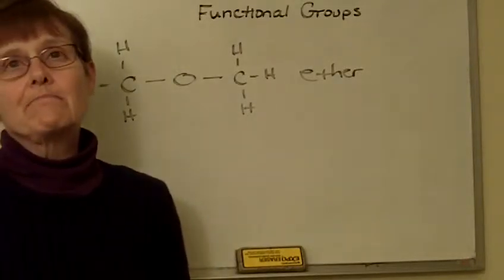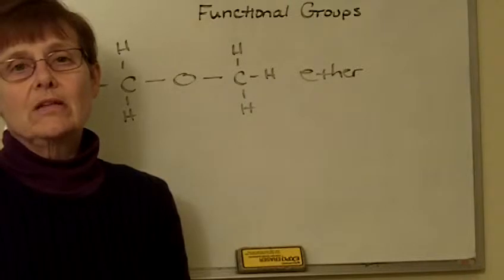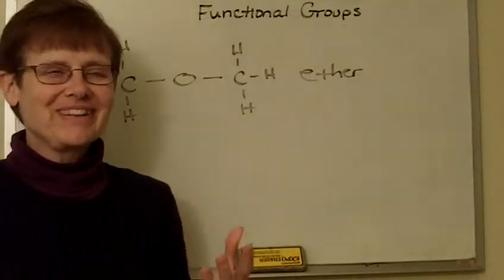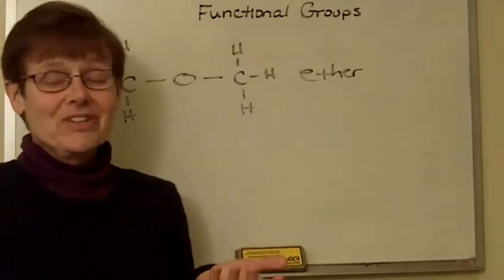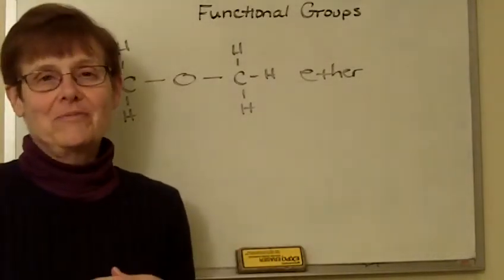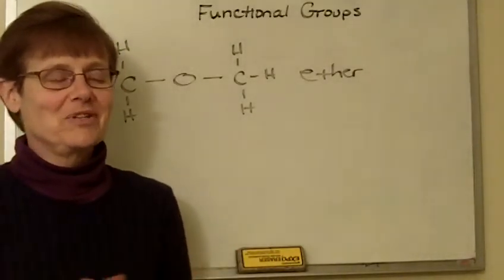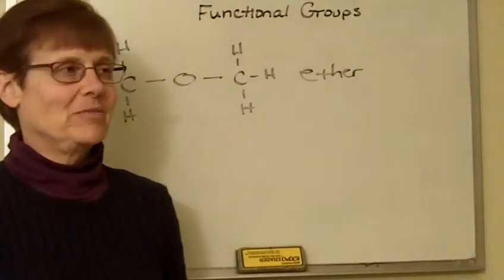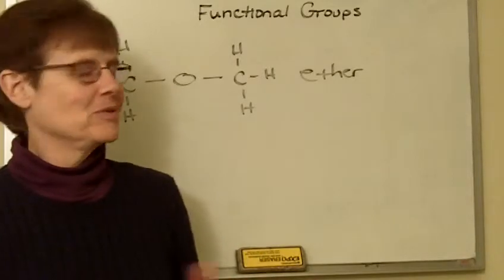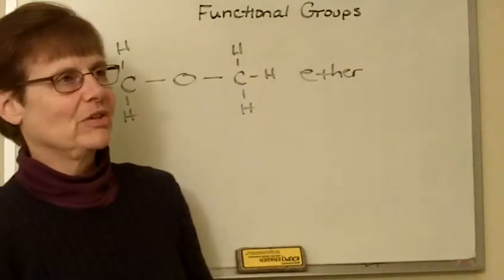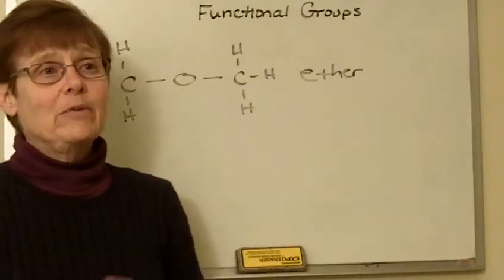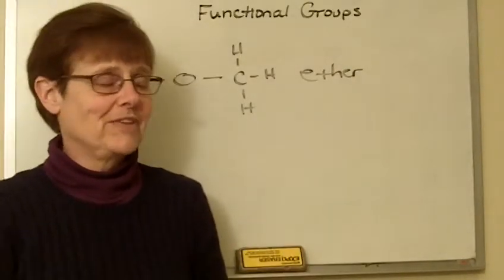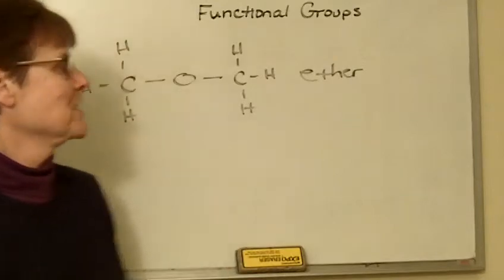Ethers were the very first compounds that they used actually when they were anesthetizing people for operations, because it knocks people out and it doesn't permanently damage them. It just makes them unconscious so they can do operations. They don't probably use ether anymore, but it was something that they used way back when they were first learning to anesthetize people. And before that, they just had them bite on a bullet or something, I don't know, but they weren't able to help them.